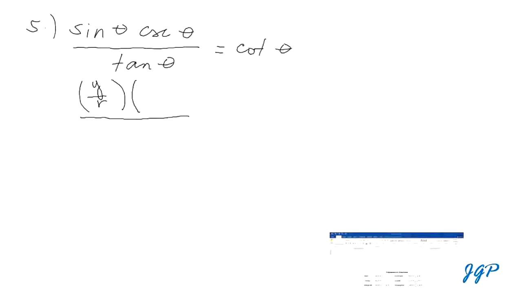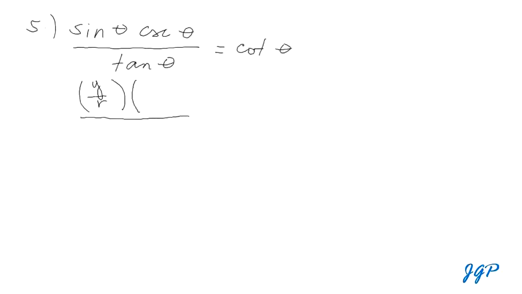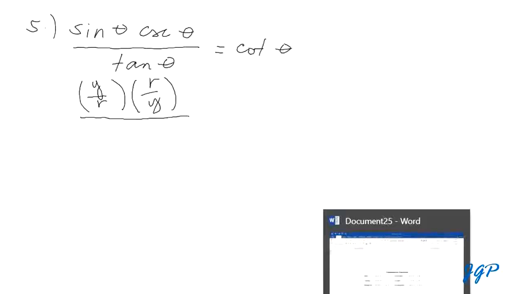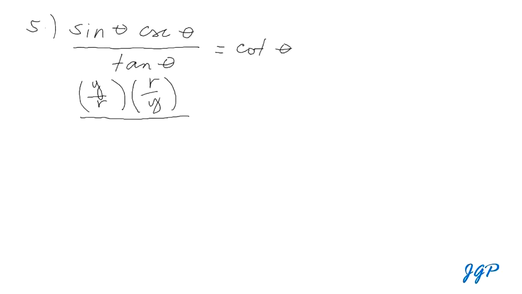Ang cosecant theta natin ay r over y. And for the denominator, tangent theta is y over x.